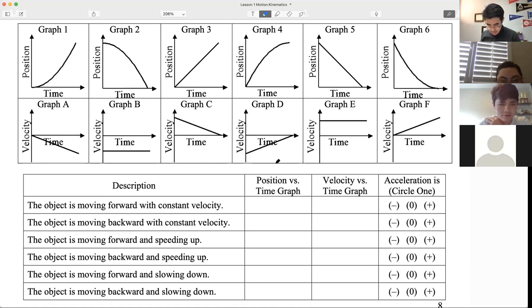Is it just graph 3 and then graph E? Graph 3 and then graph E. Good. Everybody agree? And what is the acceleration here then? 0, right?